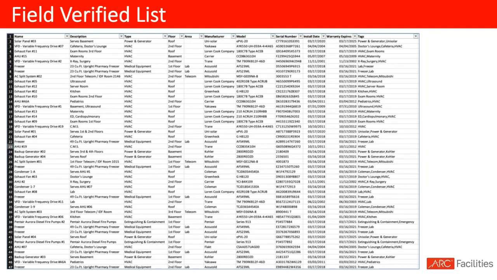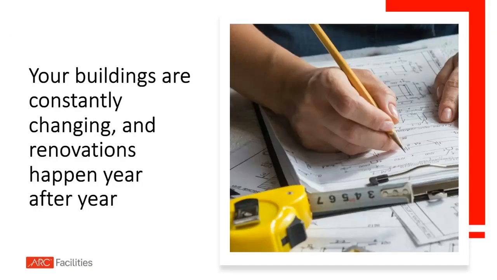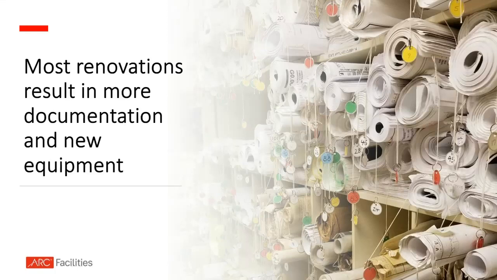As the building changes, it's really important to keep that constantly updated. Your buildings are changing. You have renovations that happen every year. Well, I show this for one reason. The picture here. Every single roll that's in that cubby there is a change to the building.